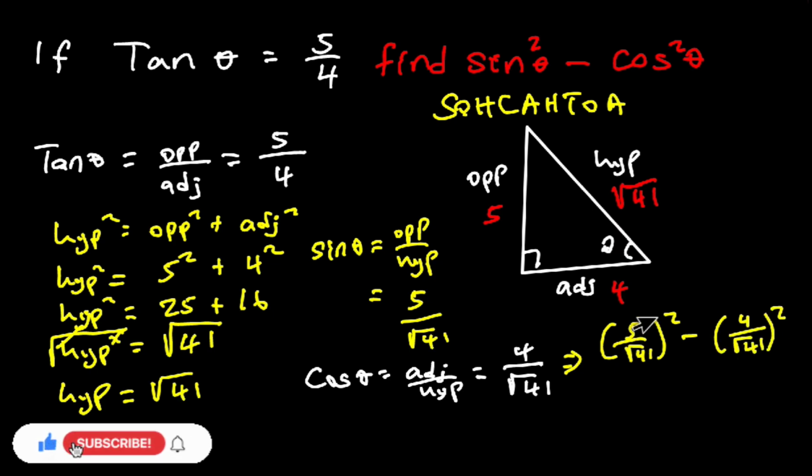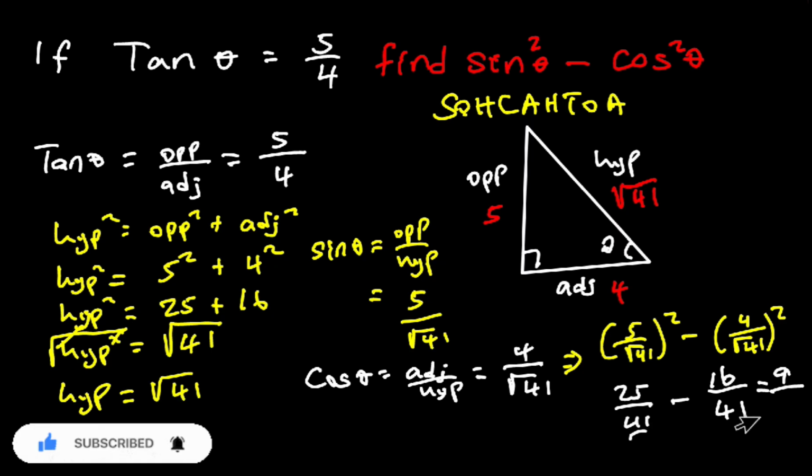Now 5 times 5 is 25 over root 41 squared is simply equal to 41, then minus 4 times 4 is 16 over root 41 squared is equal to 41. So we have 25 minus 16, which is equal to 9 over, since the denominators are the same, you just pick one of them, that is over 41. So we have that the answer is 9 over 41.